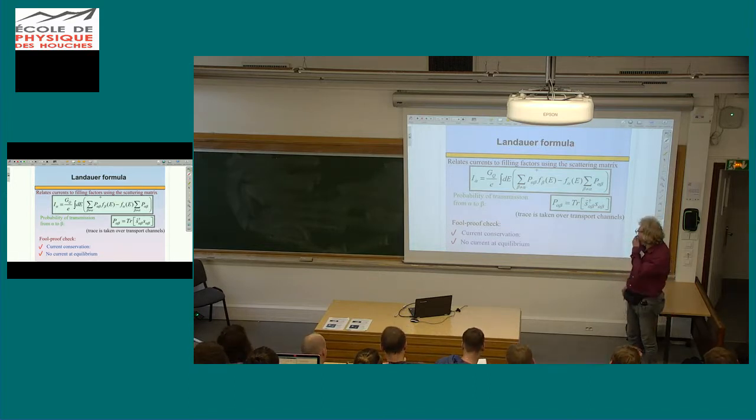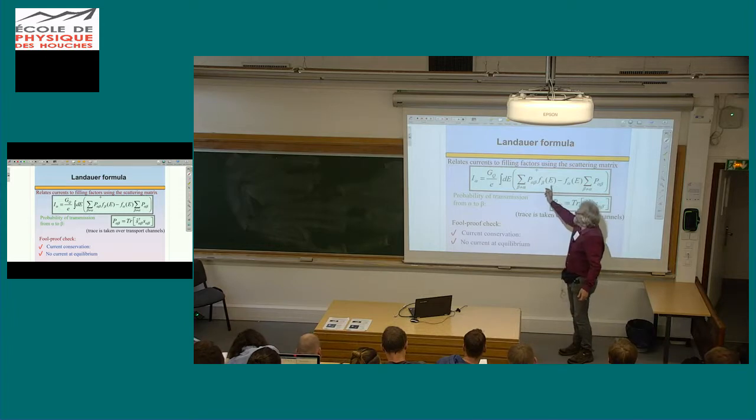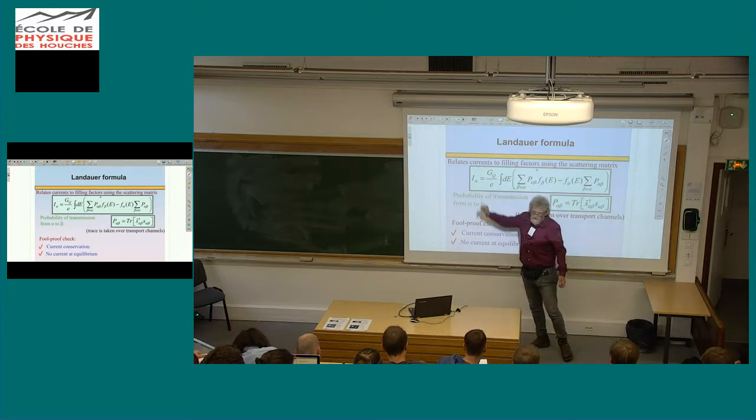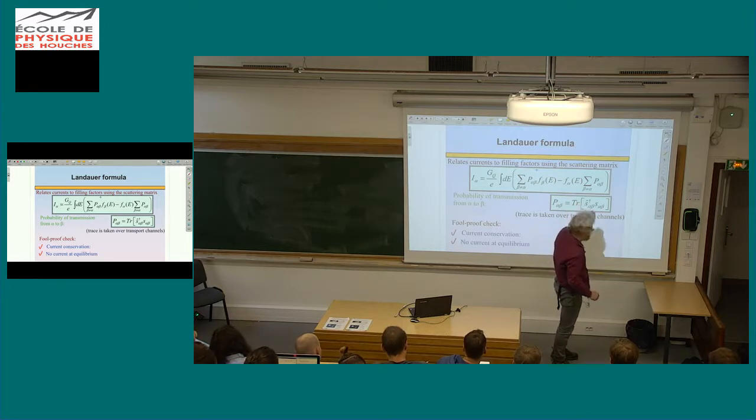It means the probability to start in lead beta and go to lead alpha. That allows us to understand the first term. Some electrons come in lead beta, go to lead alpha, and produce current in lead alpha. Now there's a second term.